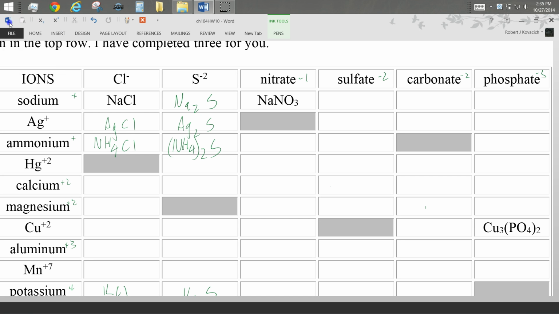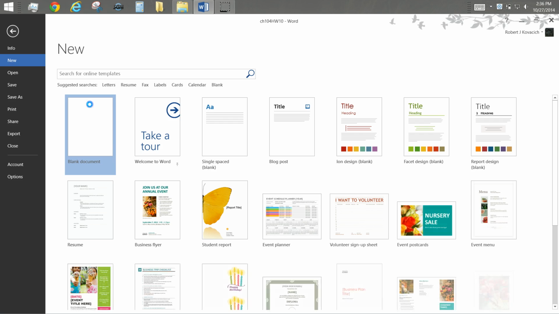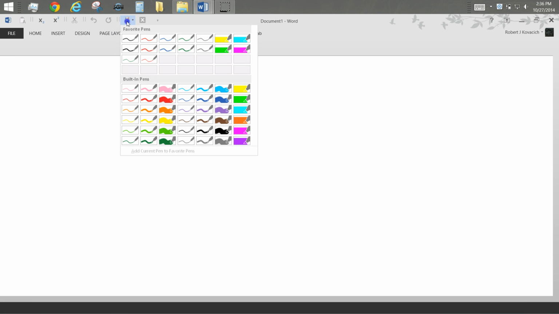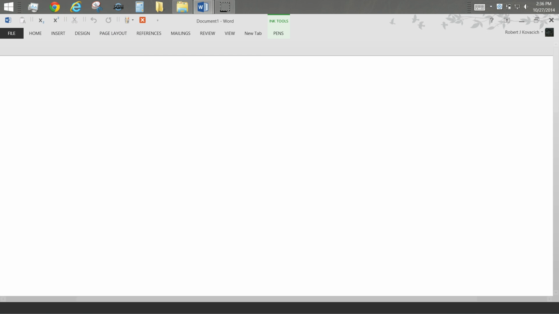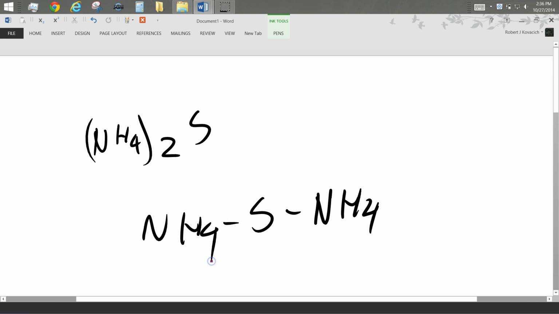Let's do this. So it's (NH4)2S. This parentheses refers to the fact that this sulfur that's got the -2 charge is bonded to an NH4 and bonded to an NH4.